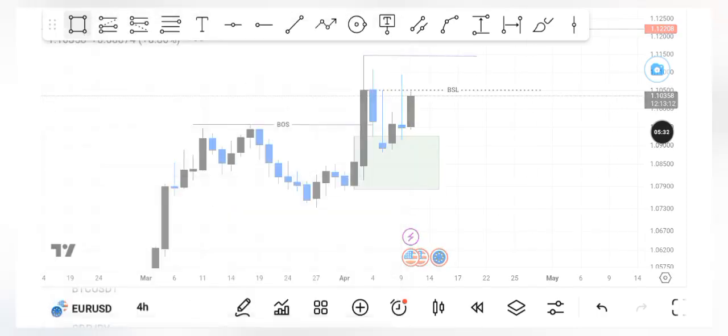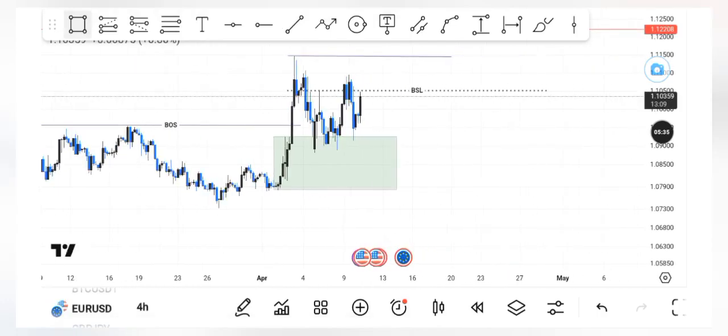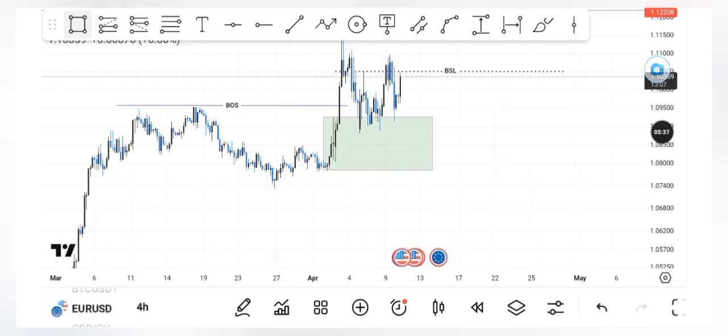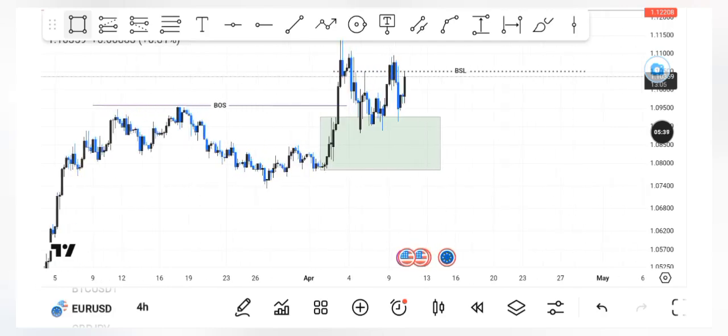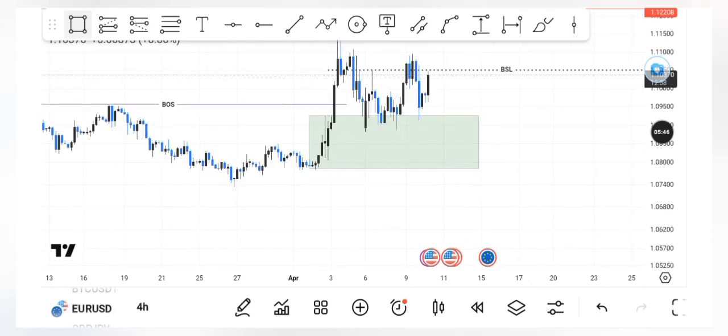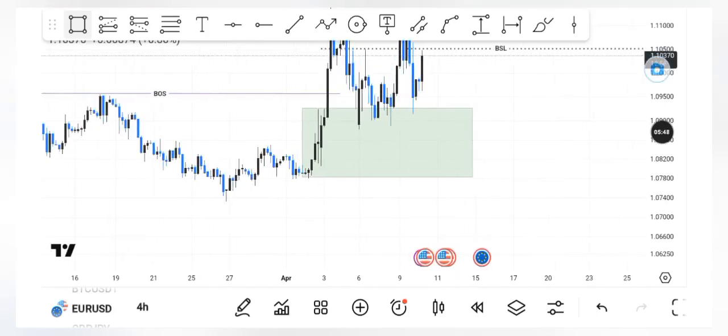So we can refine to the 4-hour time frame and also determine our POI, or point of interest, as other traders also say.